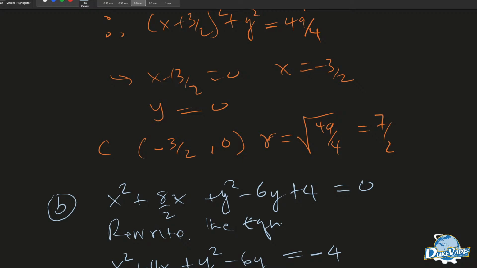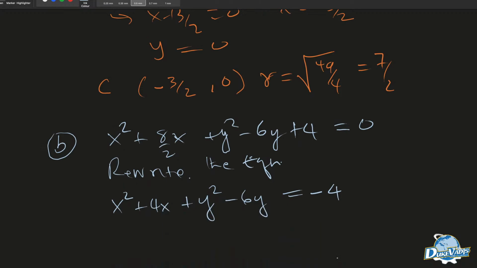Okay, so all we have to do is use the same approach that we used in the first one. Okay, so let's do separation. I've always told you that the equation of a circle is two quadratic equations. So when we have to tackle this and tackle that.